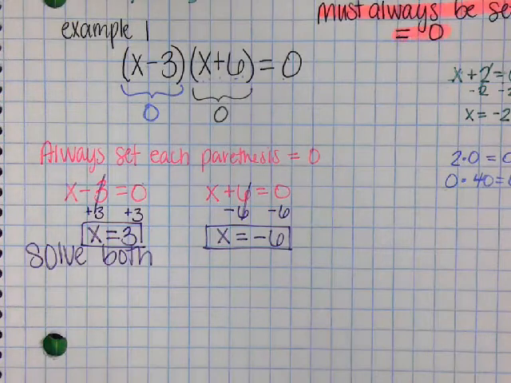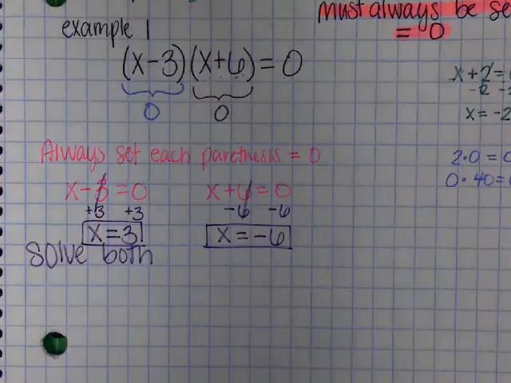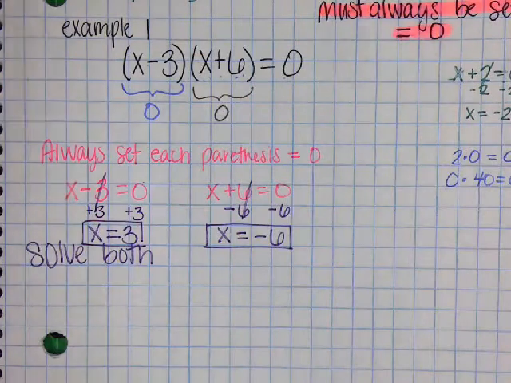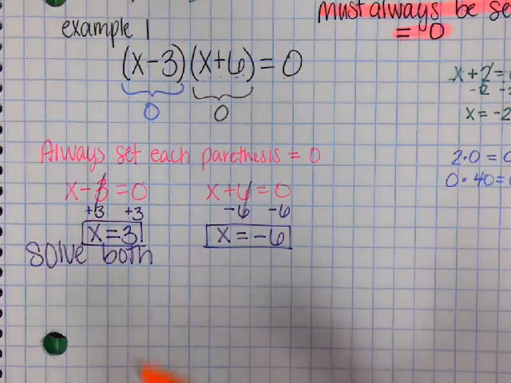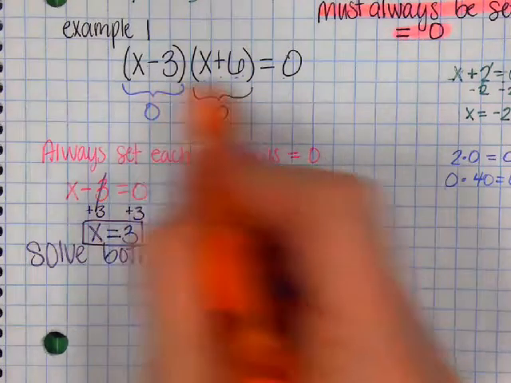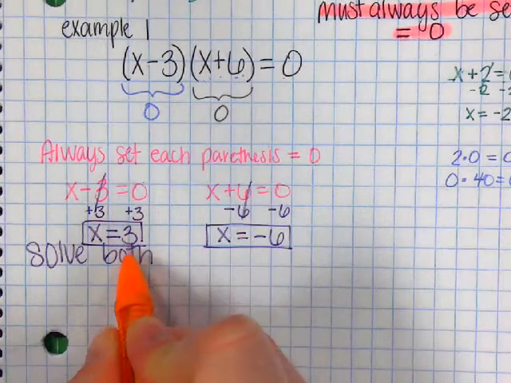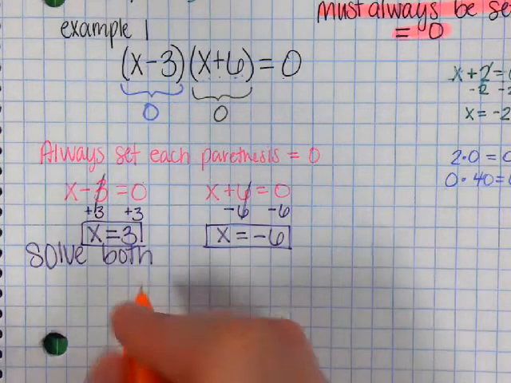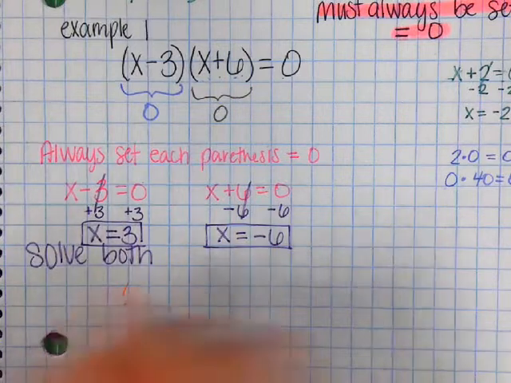Okay, now I'm going to go in and check just to show you that this truly does make the parentheses equal to 0. So I'm going to check by putting in 3 into both of the x places.